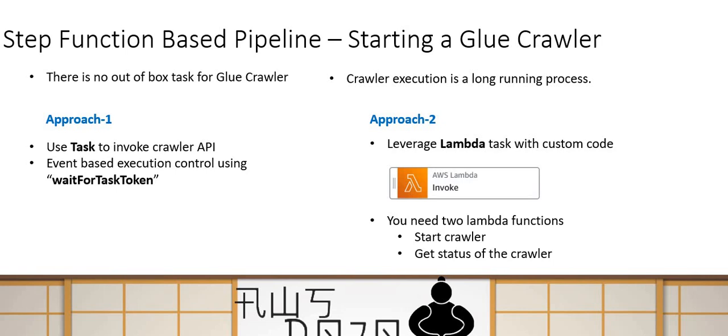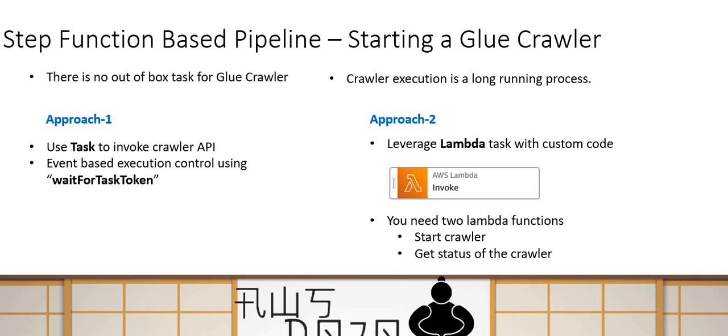You can then use these two Lambda functions in your business logic to follow both kinds of path. Whether you want to simply start the crawler and move on, you can do that as well. Or you want to start the crawler and use the get-status Lambda function to get the status of the crawler, and depending on whether the crawler has finished the job or not, you decide to move to the next state, or you wait.